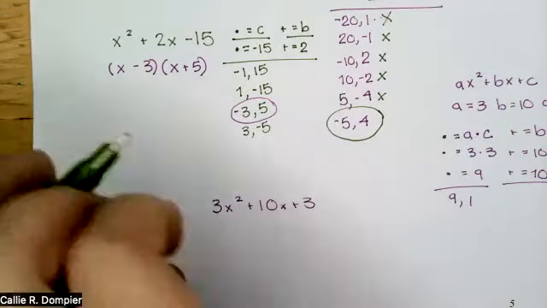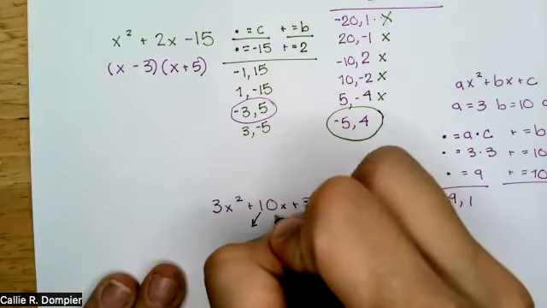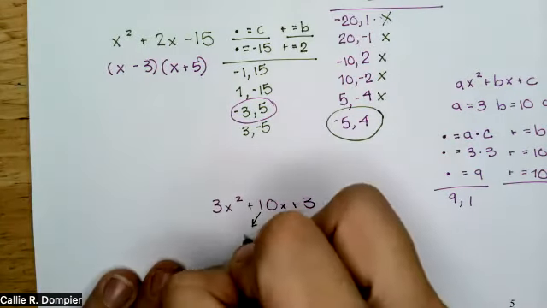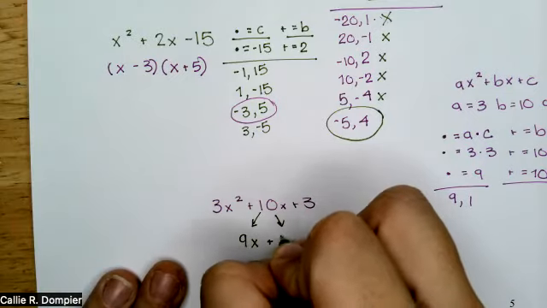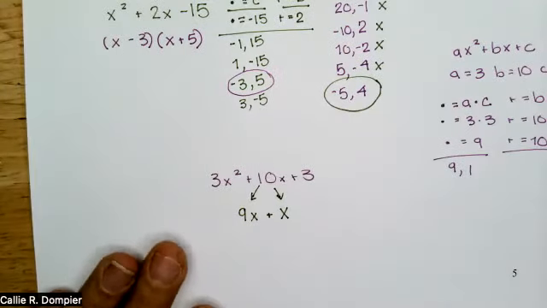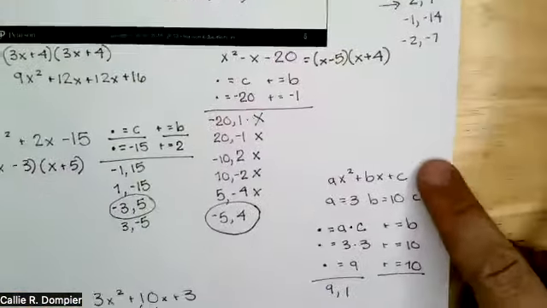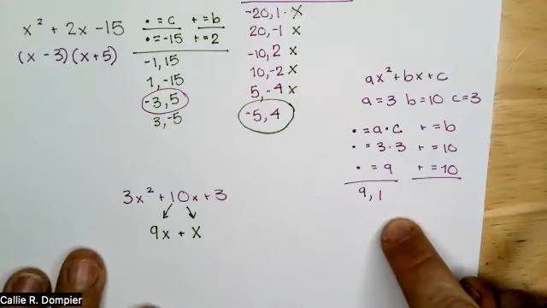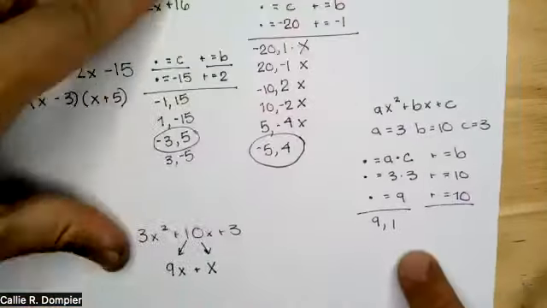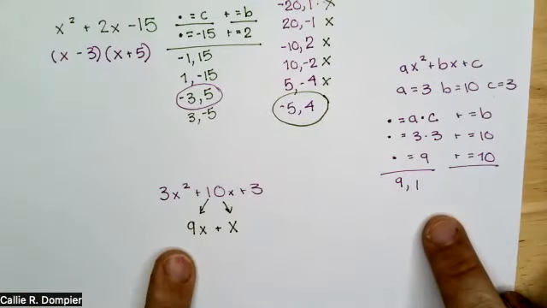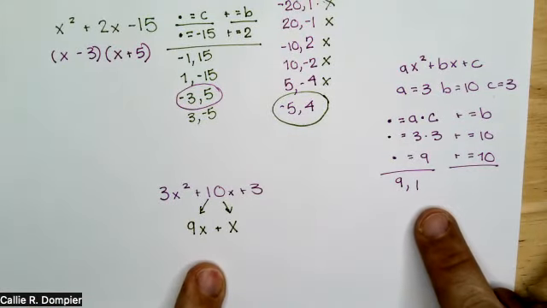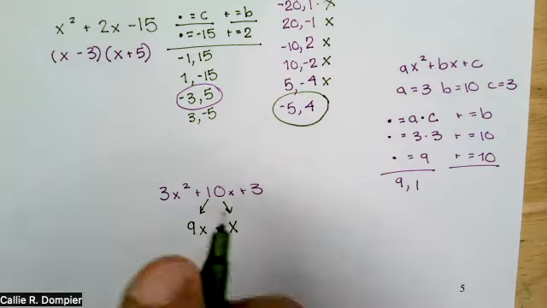What we do is we replace this 10x with 9x and 1x, okay? That's where those go. So when you find your two factors, they don't go here. They replace your middle term. They replace your b. So b is now replaced with 9x and x.